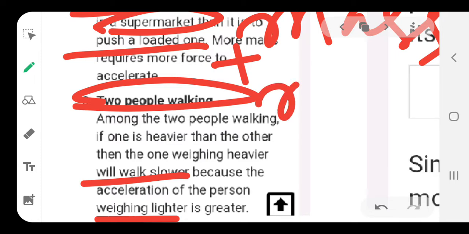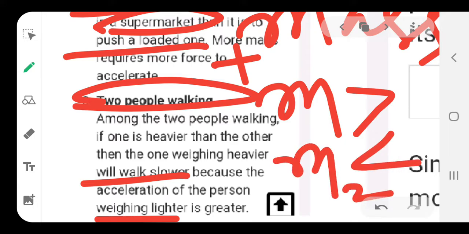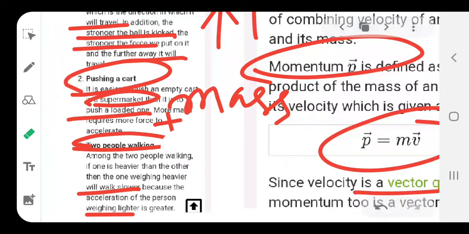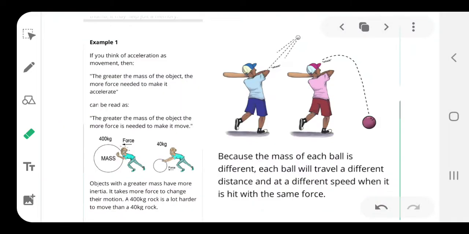That means if person M1 has more mass while person M2 has less mass, the person with less mass will accelerate more. Hence, you will find that if one of two people walking has less mass, he walks faster than the other. Same is the case here.